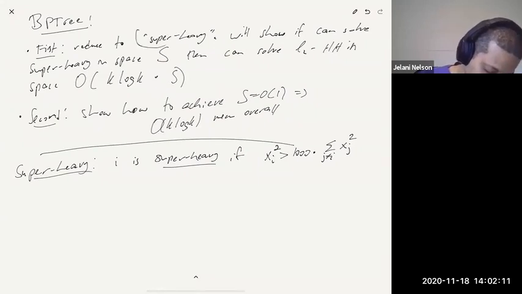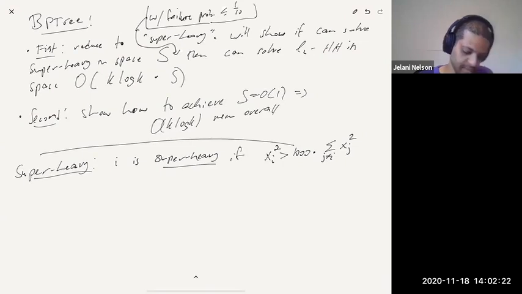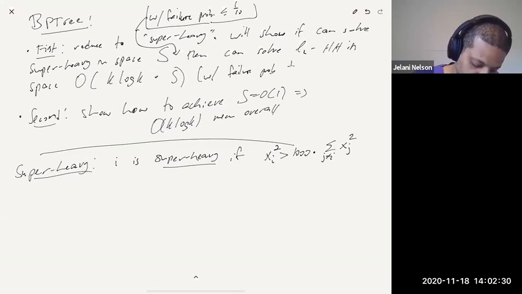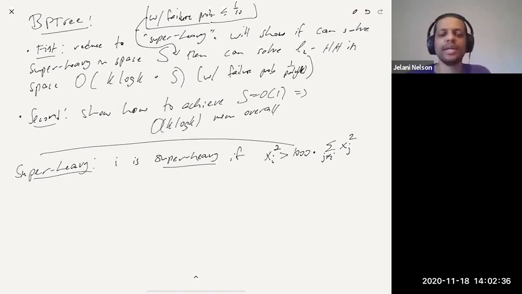If you can solve super heavy in space S, let's say, with failure probability at most, let's say, 1/10, then you'll show that you can solve the heavy hitters problem with failure probability 1/poly k, where the exponent in the poly k can be however big you want. It will affect the constant factor in your memory.